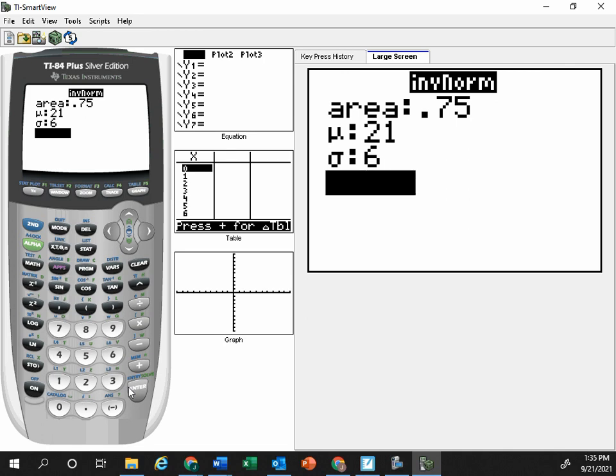For tail, should I just say center? Let me see what yours says. You guys have tail choices? Yeah.